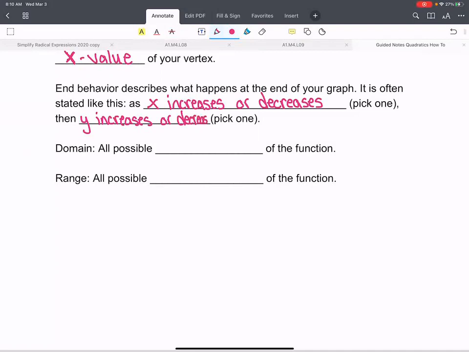I ran out of room. Sure. As long as you know that doesn't mean divide. Domain are all the possible what values? Good. All the possible x values, and range are all the possible y values.